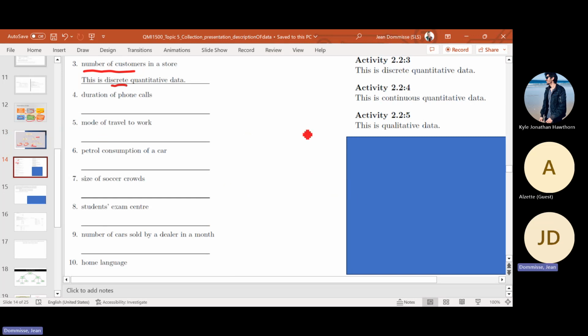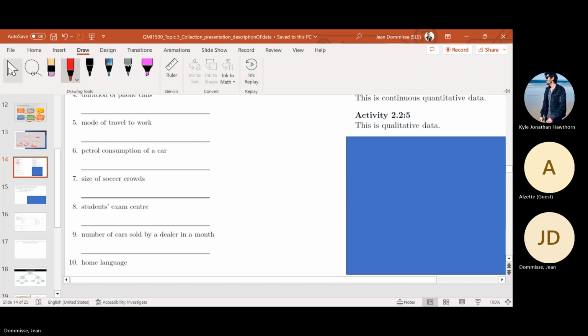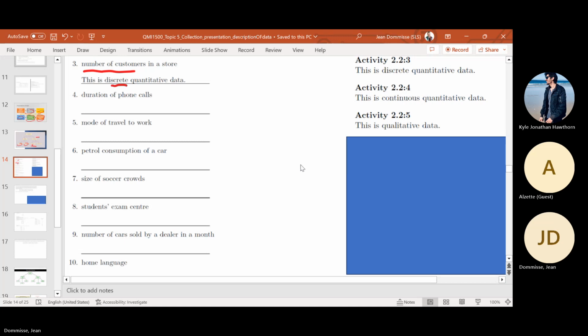Yeah, so the petrol consumption one is interesting. I would probably also go continuous.